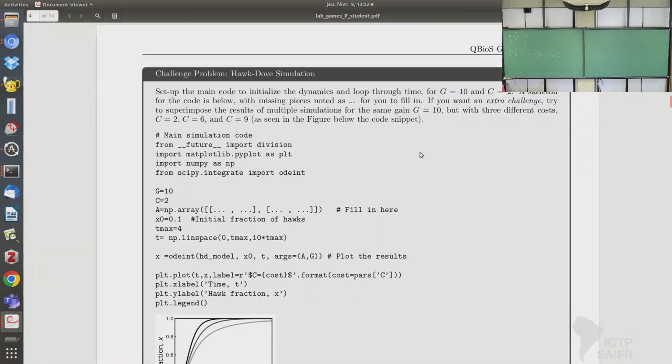By the way, that's the same folder where you have the material of the course, just in case you hadn't found it yet.